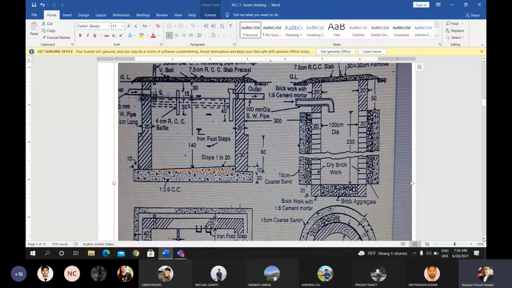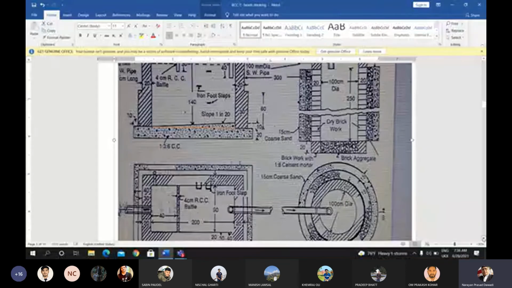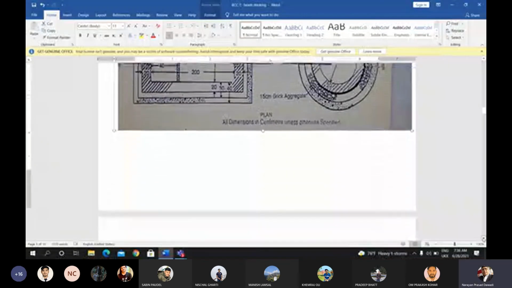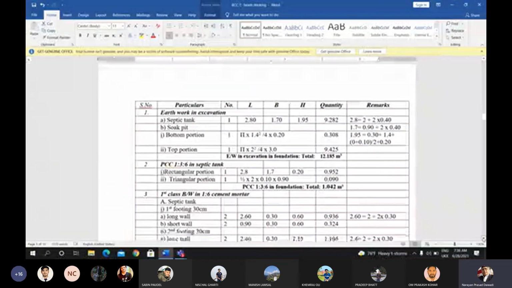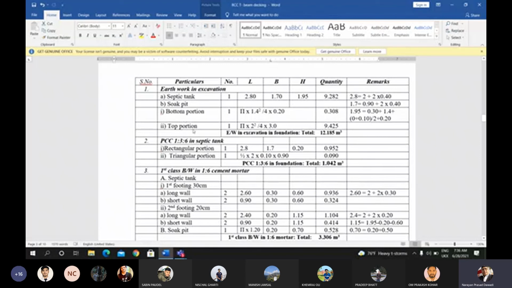So for the upper portion, I have calculated here for the top portion of the soak pit one, pi d square divided by 4. This is the top portion. The diameter is 2 meter, so pi d square by 4 is the area of the top portion.